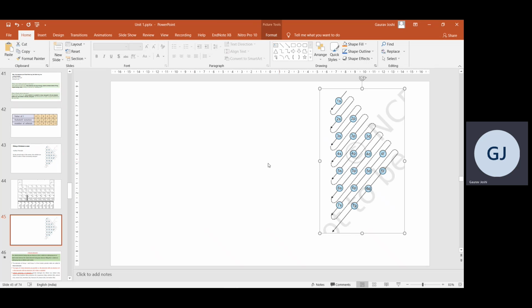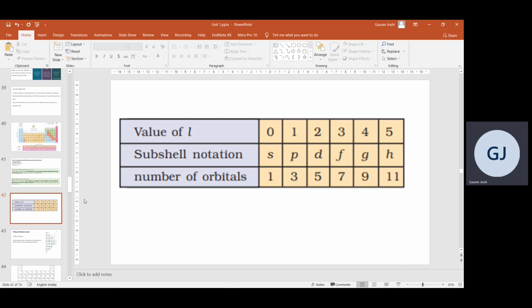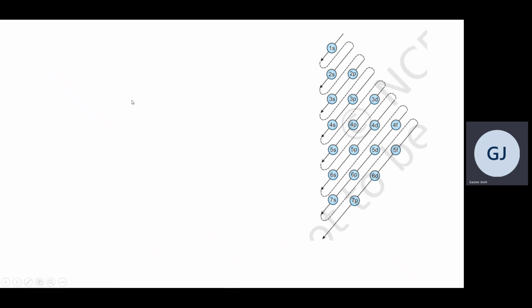I'm pasting it here, and we are dealing with this atom, currently calcium. Calcium has an atomic number of 20, so I have to draw this: calcium equals 20.